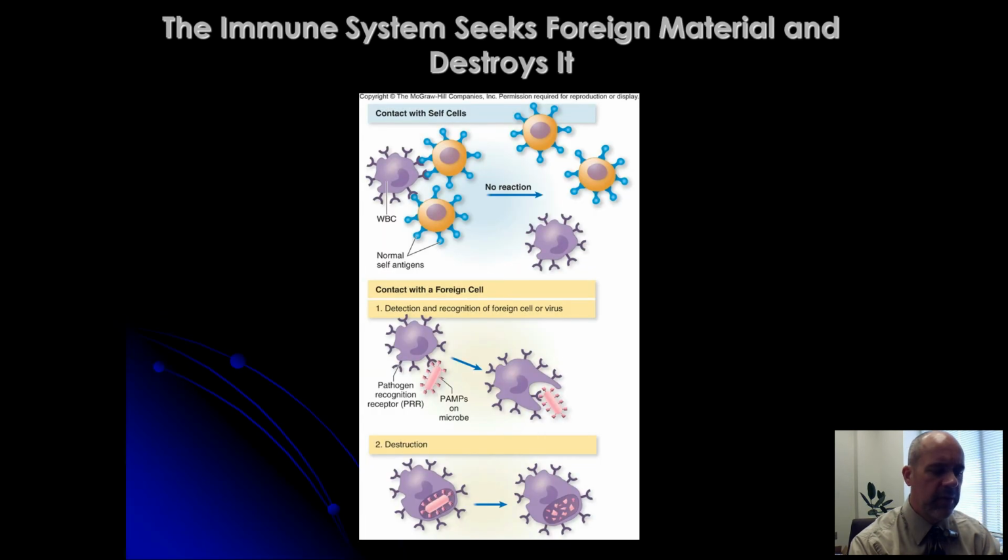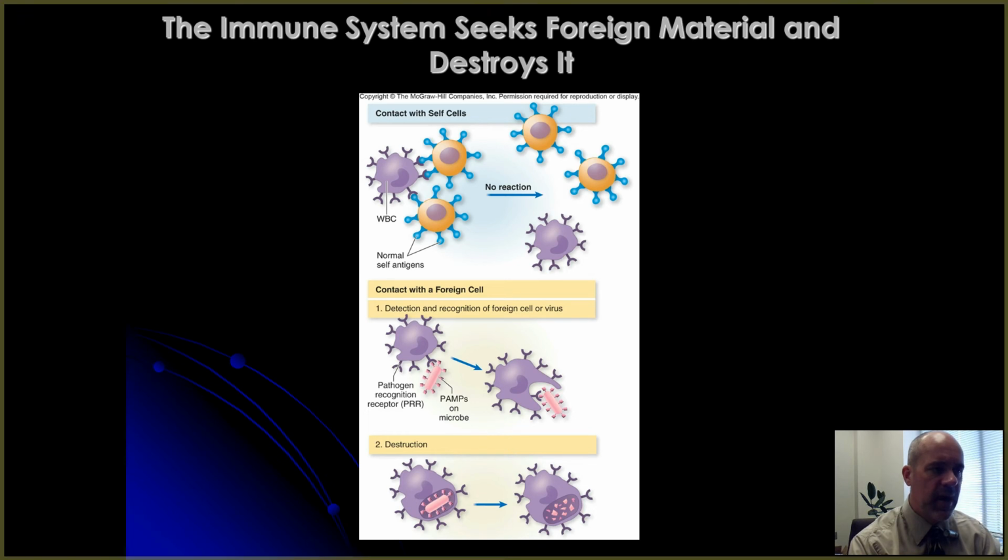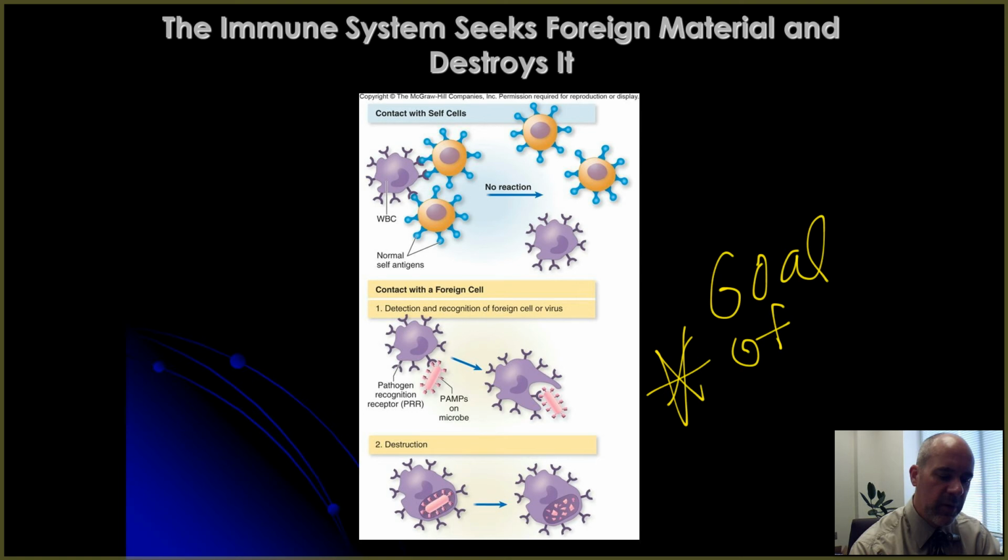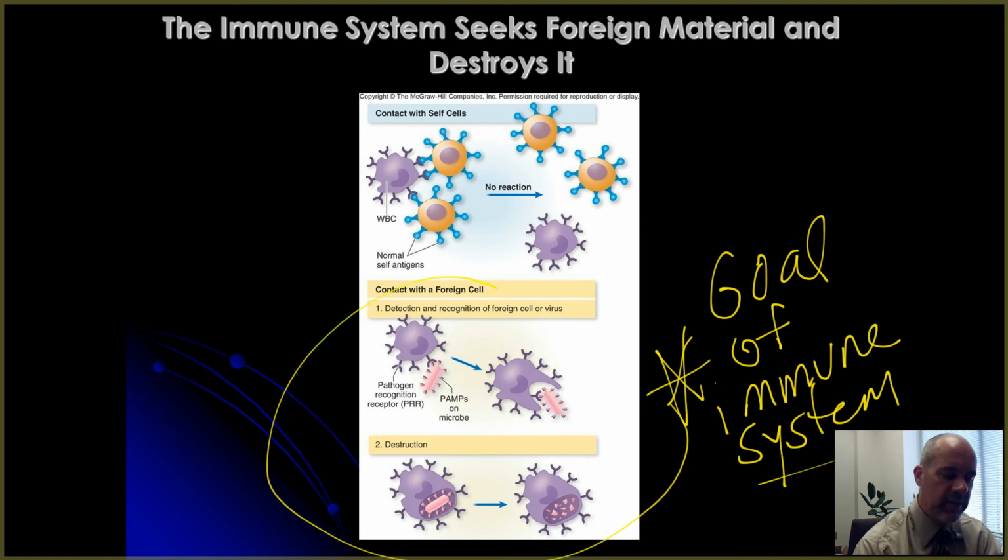All right, this is a pretty good little diagram from your textbook, because it's highlighting for you the overall goal of your immune system. And this is what it is over here, the goal of your immune system: attack and destroy things that are foreign to the body.